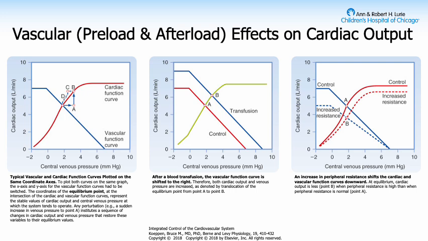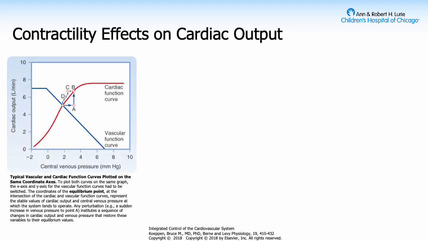Therefore, increased afterload dramatically decreases your equilibrium point and cardiac output from point A to B. And that is why in the cardiac ICU, we harp a lot on afterload reduction as a means of improving cardiac output. We've talked about the vascular factors that affect cardiac output.